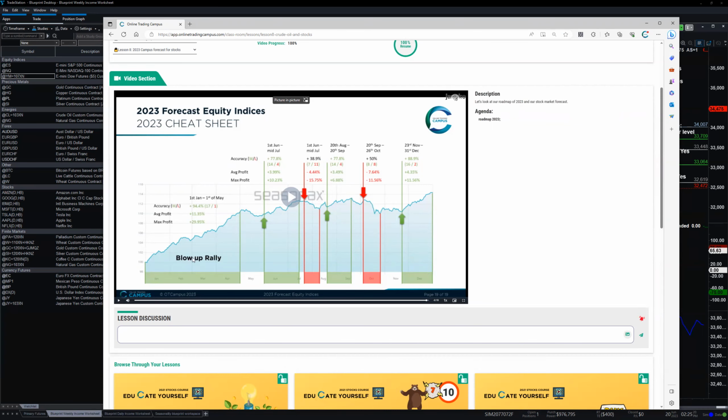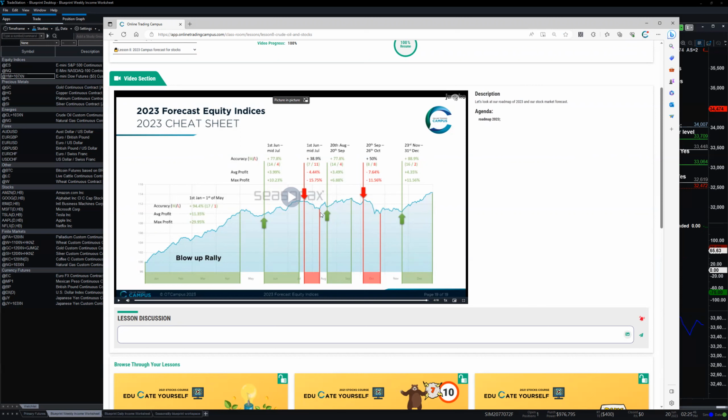So far, the yearly roadmap has been working out quite beautifully. We got January, February, March, April, super bullish, the blow-off rally. Then June to mid-July was very bullish as well. We just got another rally in assets. And now we maybe get the first kind of decline here. After that, we should get a nice little rally all the way into September.